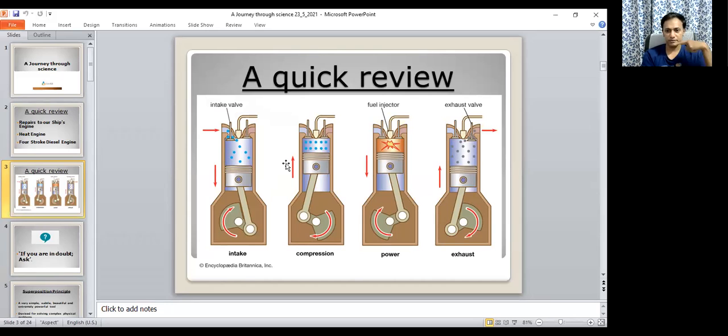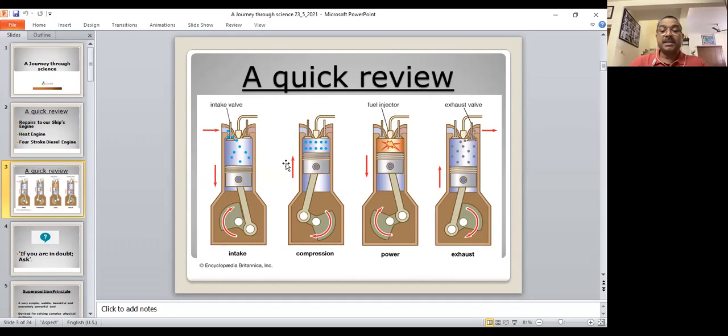Just visualize it. So these are the 4 strokes of our diesel engine. In the very first stroke, we open a valve in the cylinder head portion and push down the piston, so air will be taken in.